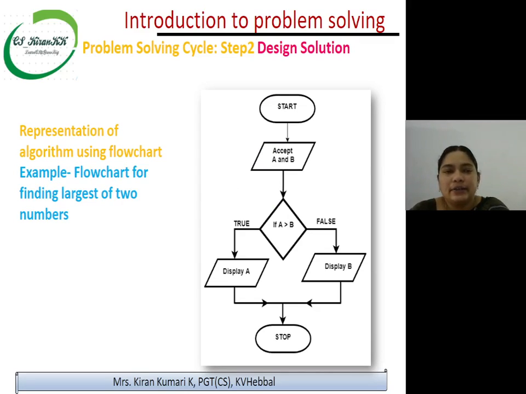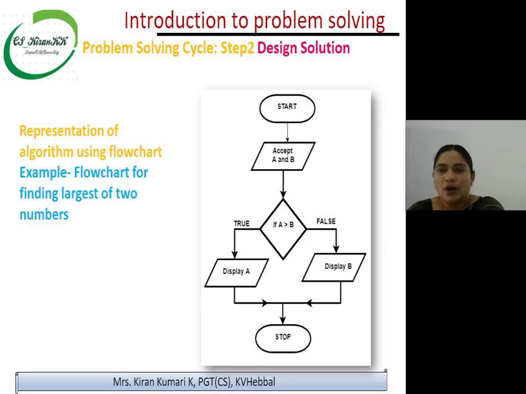Here I have given a flowchart for finding the largest of two numbers. First we start the process and then accept A and B from the console. As it is input, we use a parallelogram, and then check if A is greater than B. Here a decision is involved, whether this is true or false. If it is true, do something; if it is false, do something else.